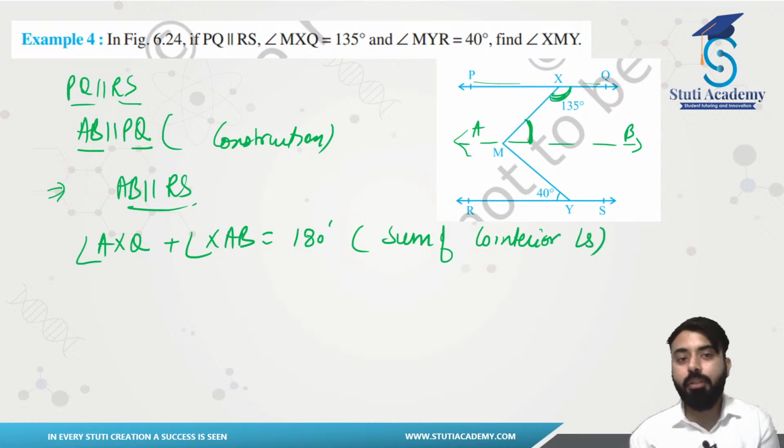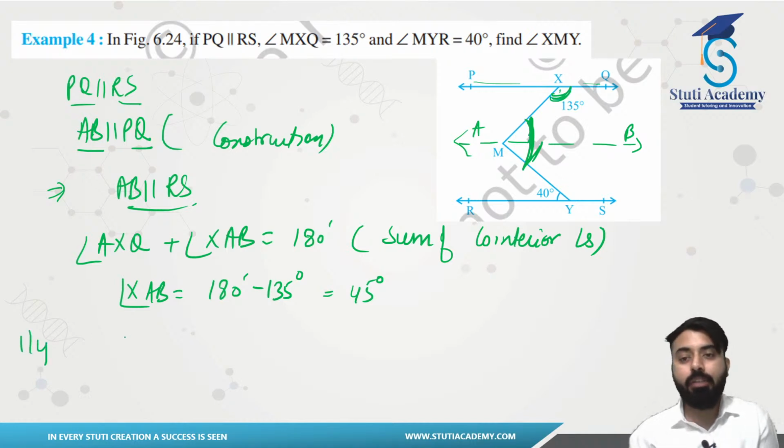So AXQ is 135, so what will angle XAB be? That will be 180 minus 135 degrees, which will be 45 degrees, right? And you guys know the reason why I'm doing this one. See, if I find out this one, and if I find out this one, and I add both, I will be getting the angle XMY. So this is my approach to this.